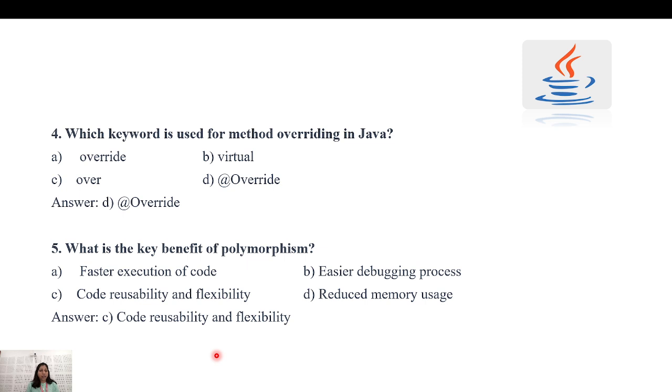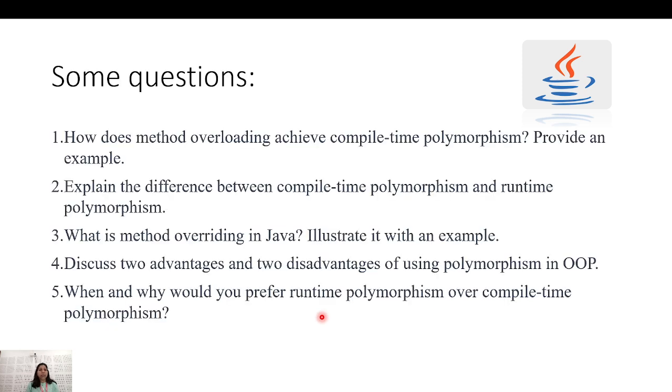We have also seen it in our example. Yes, the keyword @Override is used for method overriding. The last question, what is the key benefit of polymorphism? Faster code execution, easier debugging, code reusability and flexibility, or reduced memory usage? What will be the answer? Yes, code reusability and flexibility.